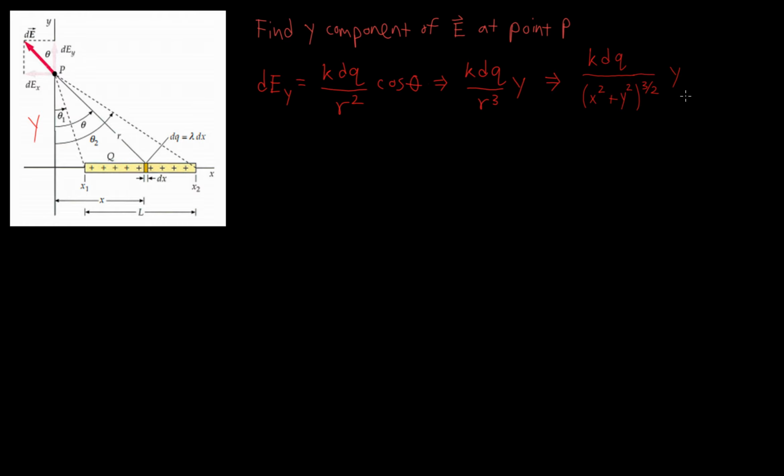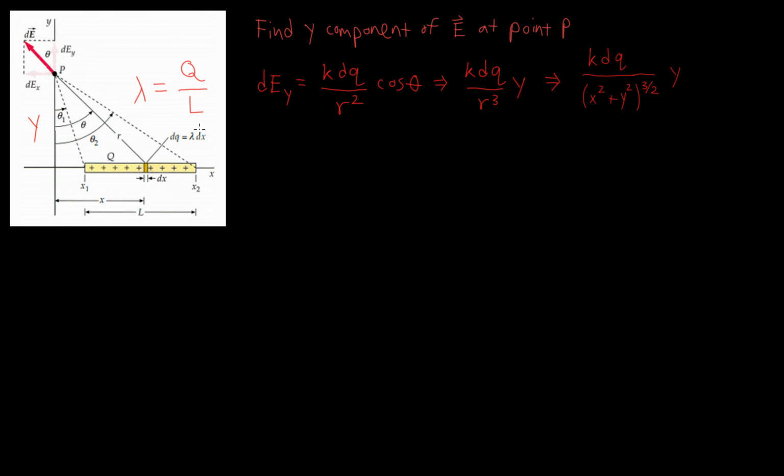And so over here, we're given that lambda is just the line charge density, or the density per unit length of this finite line charge right here. So we could just write that as the total charge divided by the total length of the line charge.